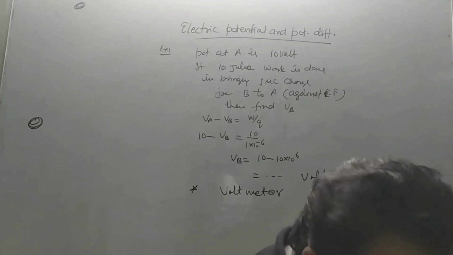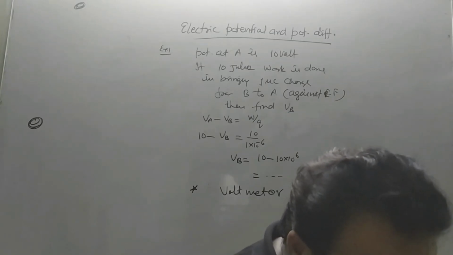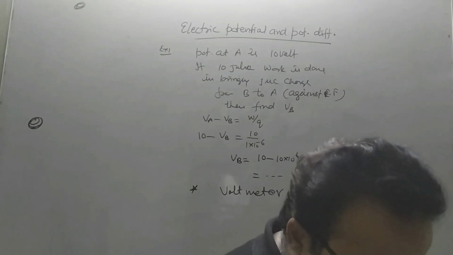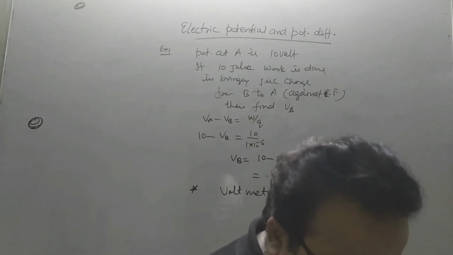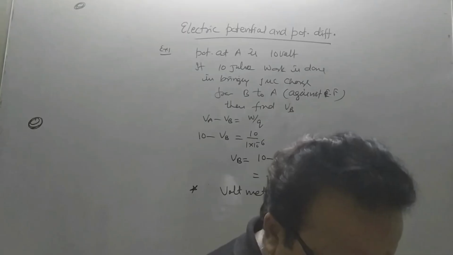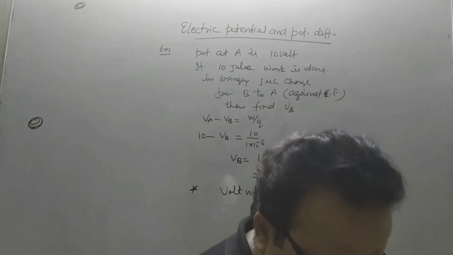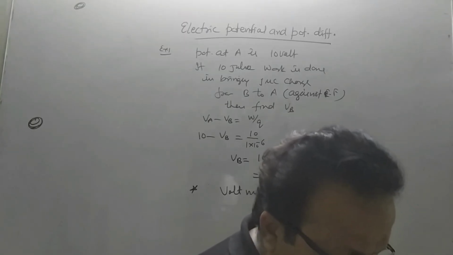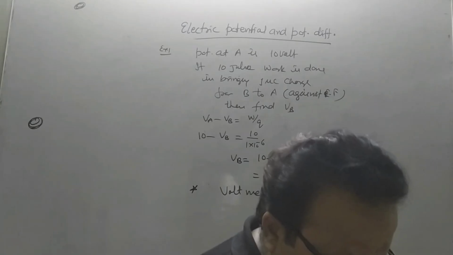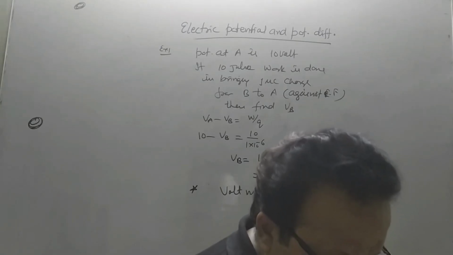Second question: calculate the potential difference between the terminals of a battery if 100 joule work is required to transfer 20 coulomb charge from one terminal to the other terminal.